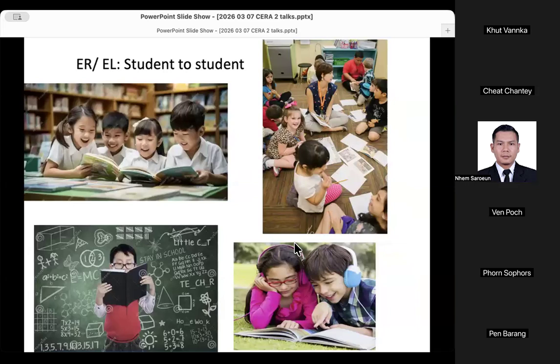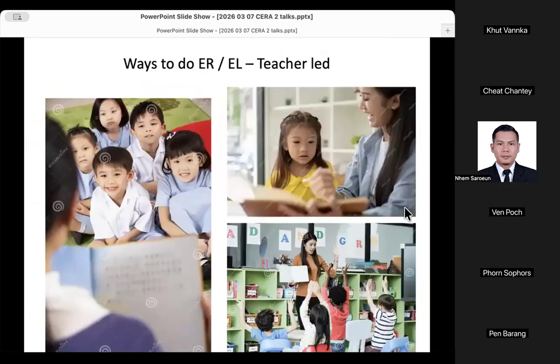This is great for communication, all kinds of wonderful activities that you can do. Or maybe even you can have a student reading aloud the story to the class, or they can listen and read together. So this is student to student reading. Or you may have that you are doing teacher-led reading. That is, you are reading to the class, or you're helping the students go through a story.